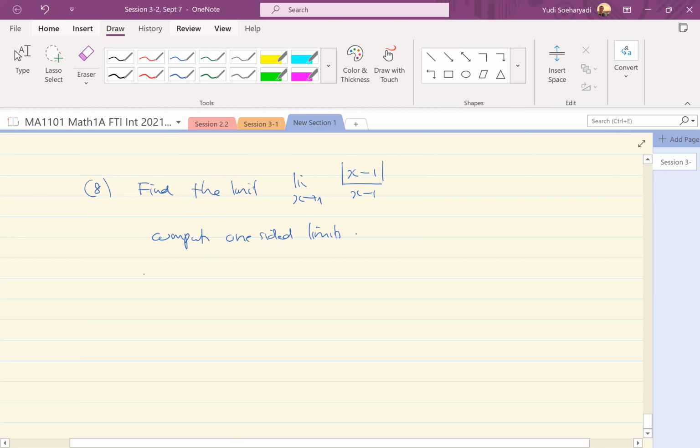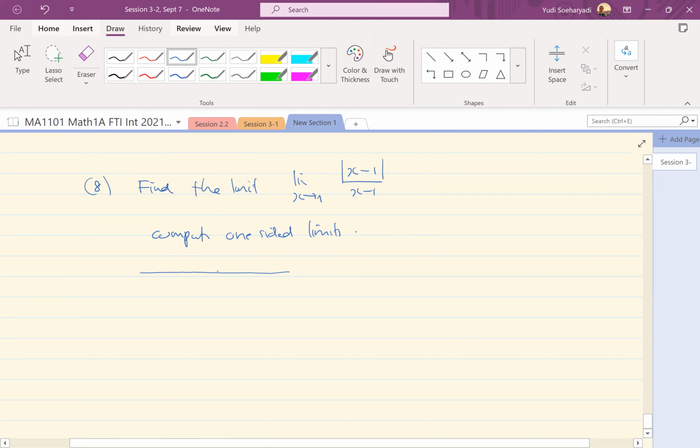Okay, so they change the sign at x equals 1. Okay, so the absolute value, remember the absolute value? That equals x minus 1. And to the left, so divide it to, say, 2 regions like this.